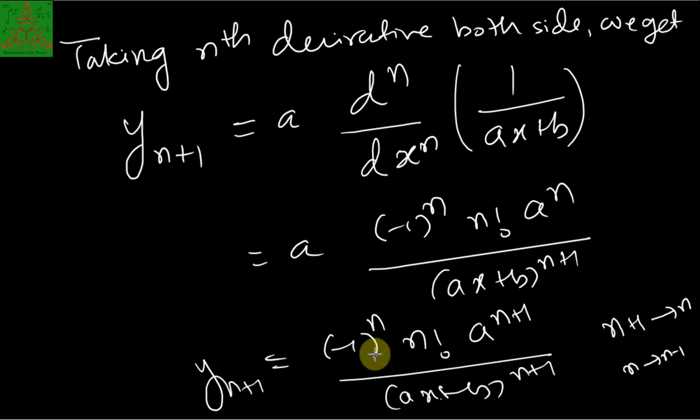So whenever you see n, just replace it with n minus 1, and that gives you the formula for the nth derivative of log (ax plus b).